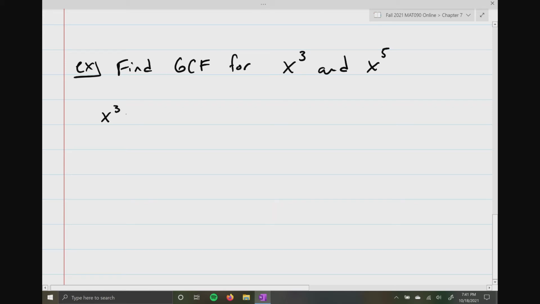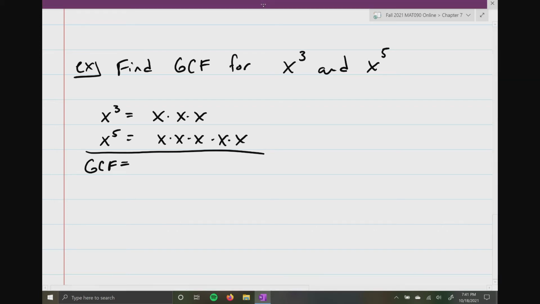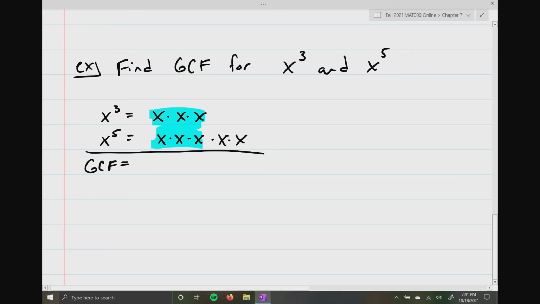X to the third equals x times x times x. X to the fifth equals x times x times x times x times x. Therefore, my GCF is going to be the overlap, which is nothing more than just x times x times x, or x to the third power. That's the GCF, x to the third power.